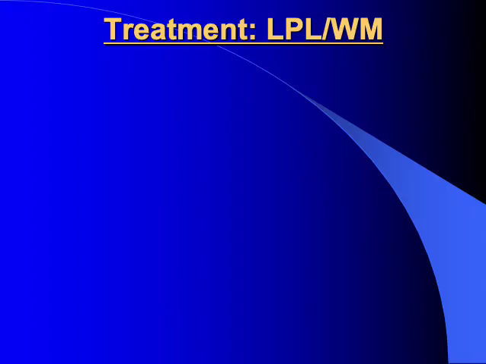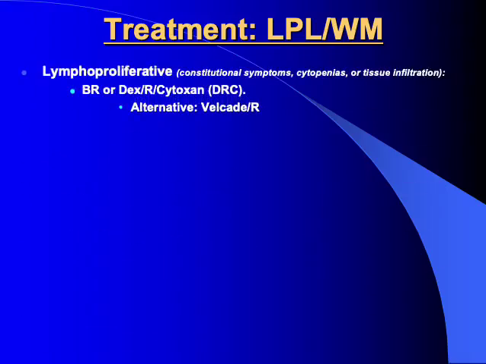Treatment of lymphoplasmacytic lymphoma or Waldenstrom macroglobulinemia depends on symptoms. Patients with constitutional symptoms, fatigue, fever, or patients with cytopenia due to bone marrow infiltration or other tissue infiltration like CNS, those patients we treat with immune therapy and chemotherapy, bendamustine, rituximab.